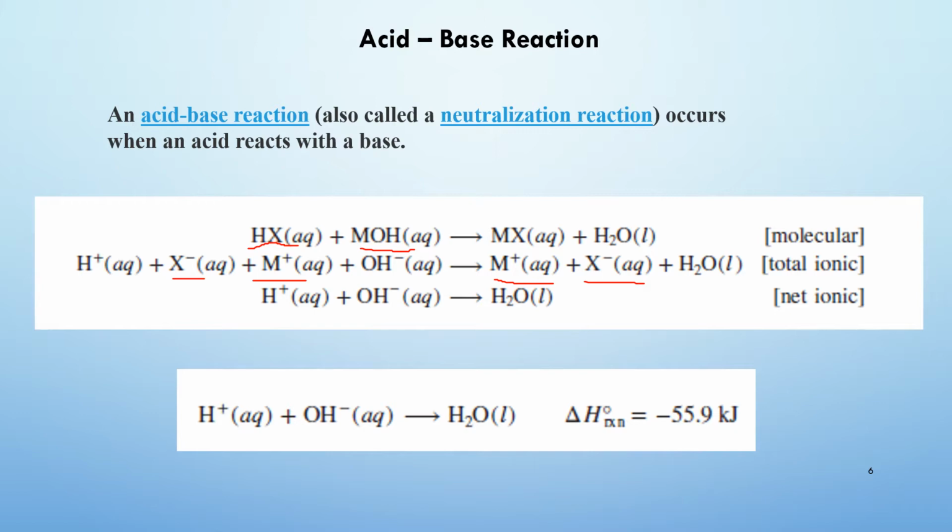For this net ionic equation, the delta H is negative 55.9 kilojoules. So it's an exothermic process, meaning that each mole of proton reacting with each mole of hydroxide and generating one mole of water is going to release 55.9 kilojoules.